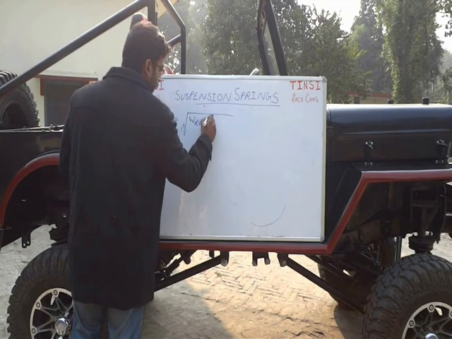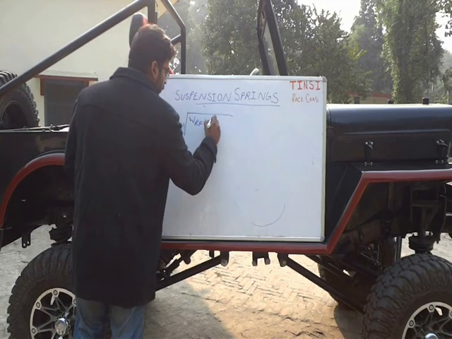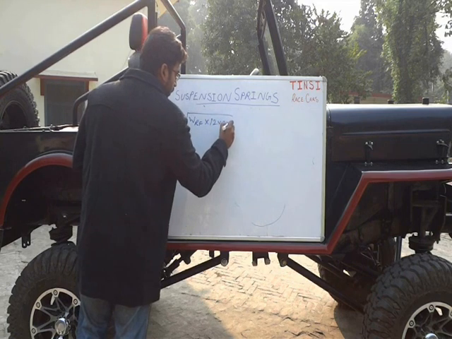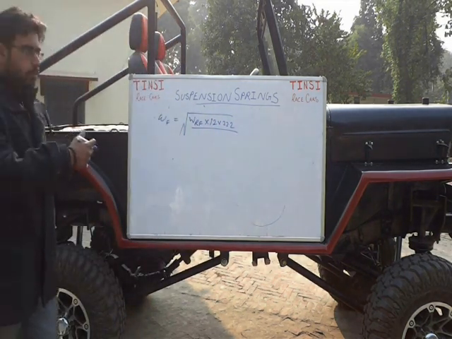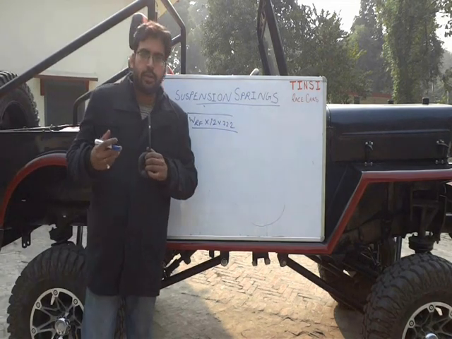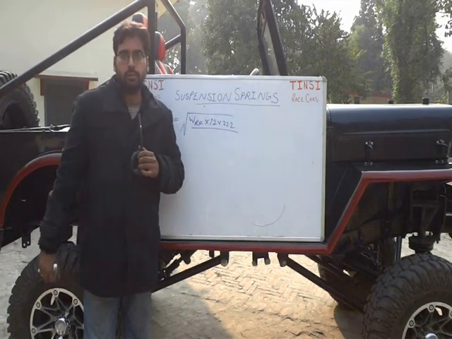Fine. We have ride rate front into 12 into 32.2. This is to convert, because we are in Milliken and generally we also take our data in pounds per inch.